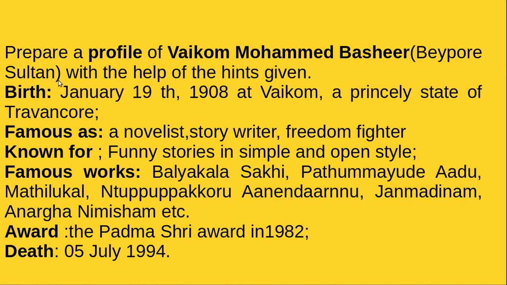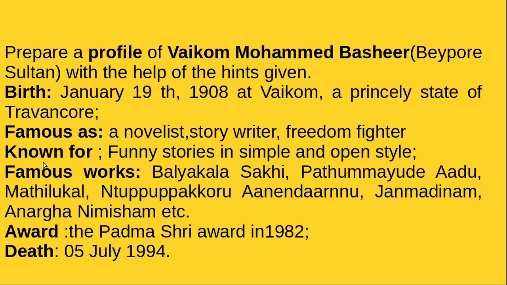What you have to do is, as I mentioned earlier, here there are some hints. You have to use them and prepare a profile of Vaikom Muhammad Basheer. I think it is a familiar task, no need of much explanation. Don't forget to give the title, the name of the person itself, and birth, was born, since the date should be added, and famous as, he is famous as, or he is a famous novelist or story writer.